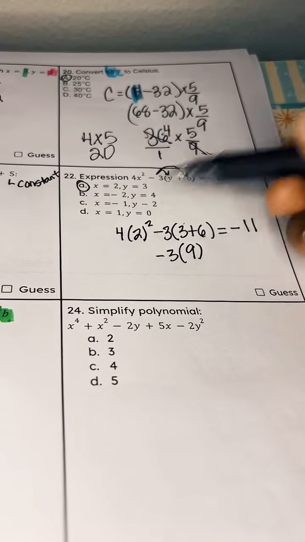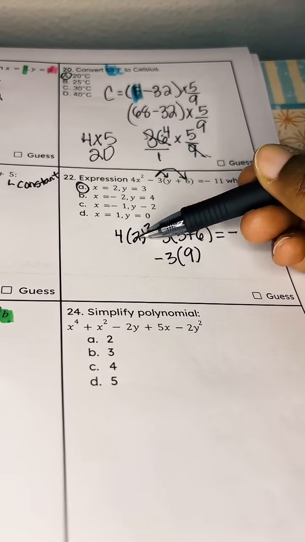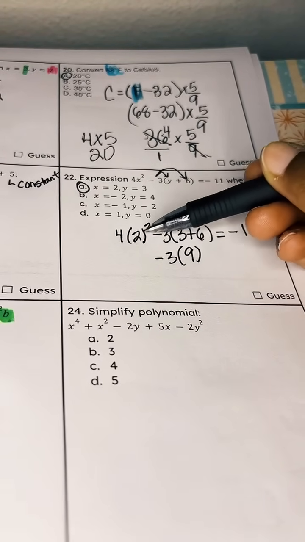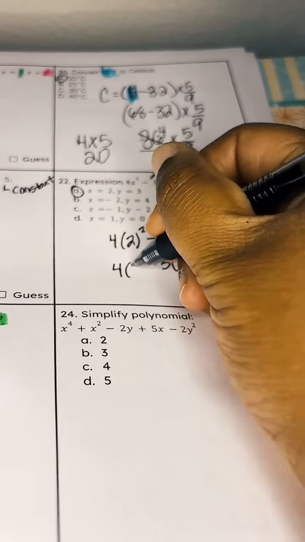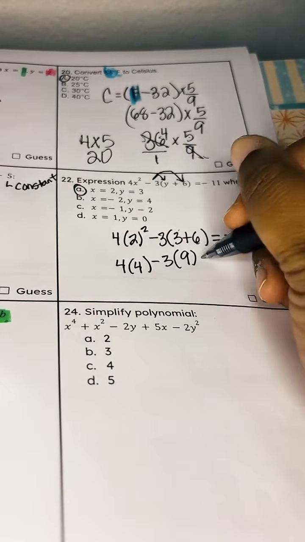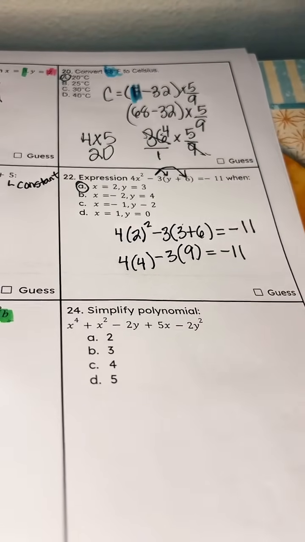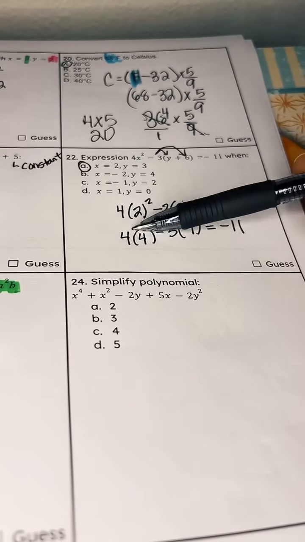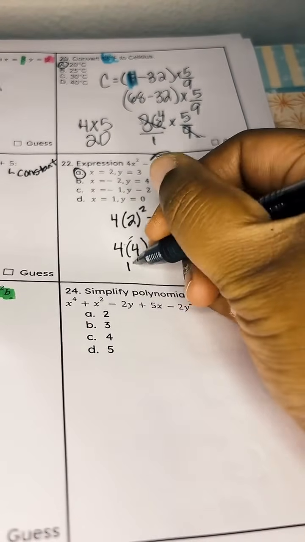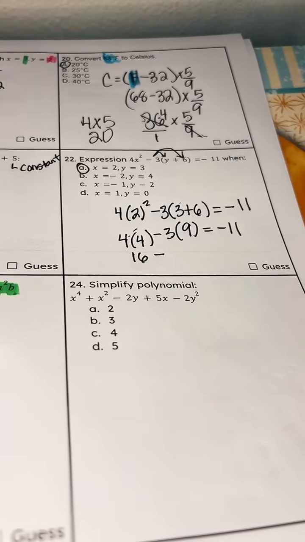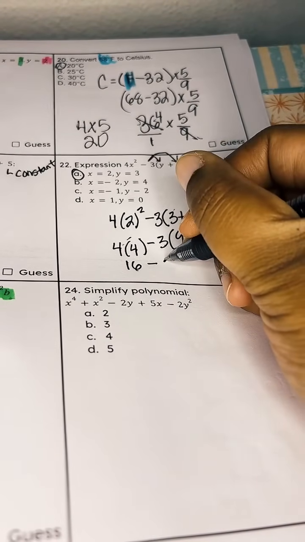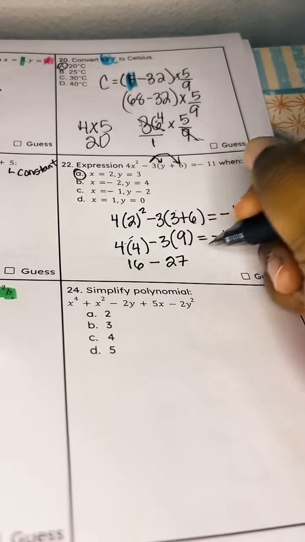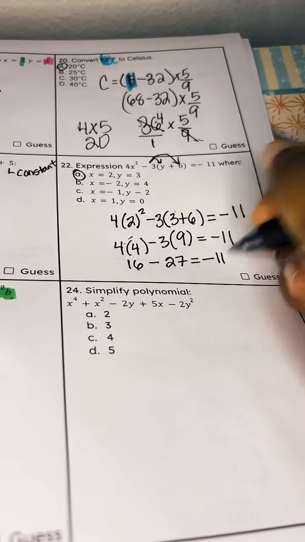Good. Now we can go to our exponent here. 2 squared is 2 times 2, so that would be 4, times 4 equals negative 11. All right. 4 times 4, 16, minus 3 times 9, 27, equals negative 11.